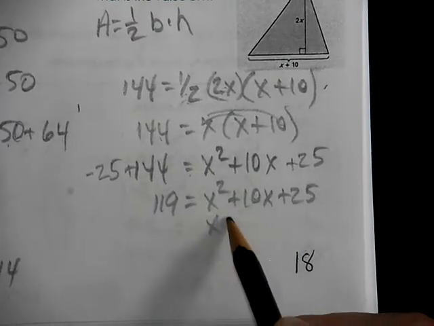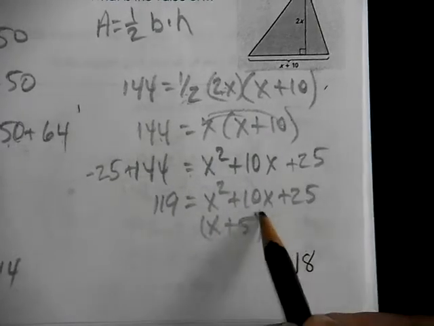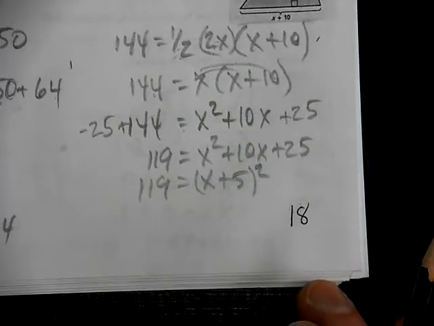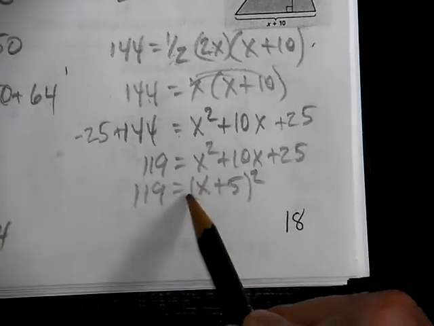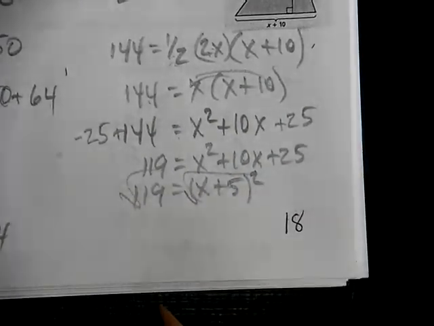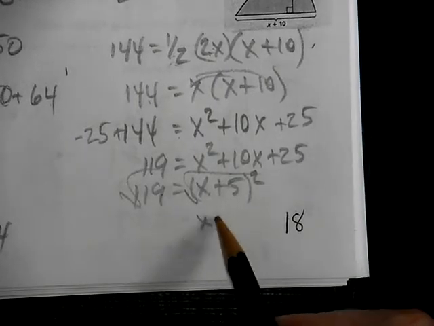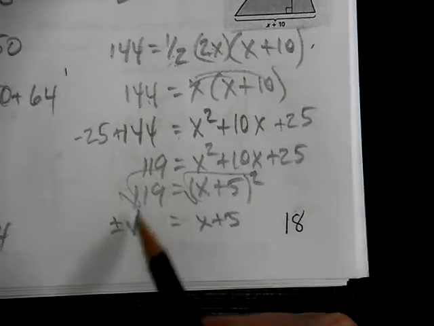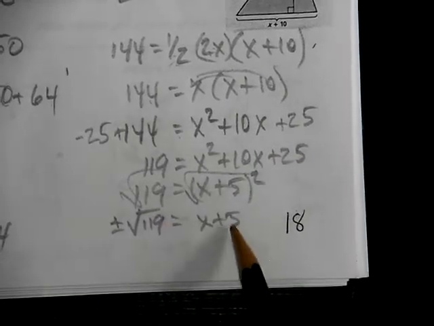So this is going to become x plus 5 squared equals 119. Take the square root of both sides, and that gives me x plus 5 equals plus or minus the square root of 119.